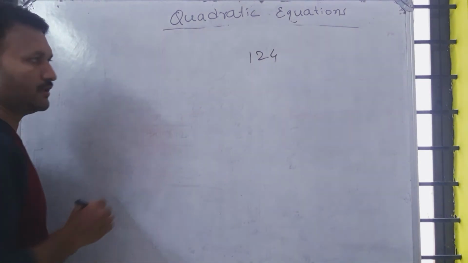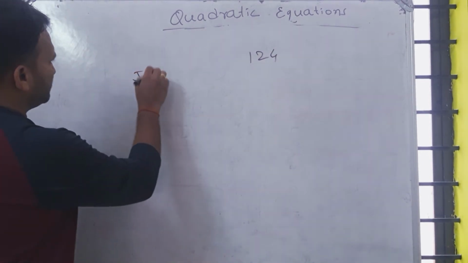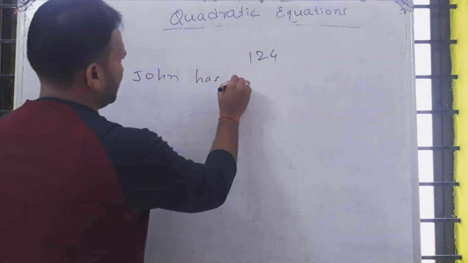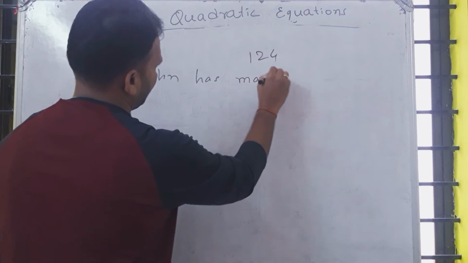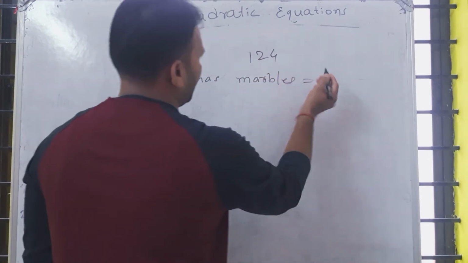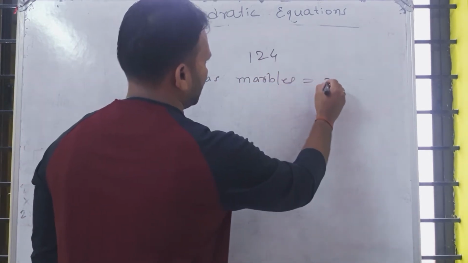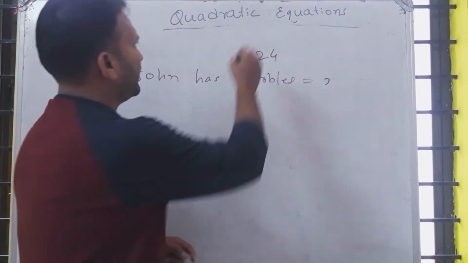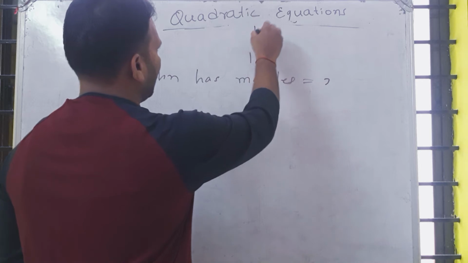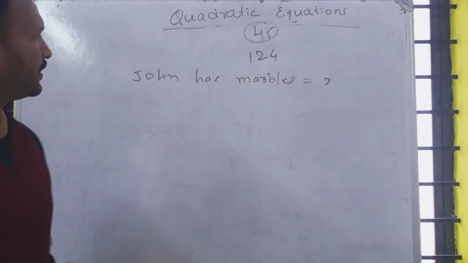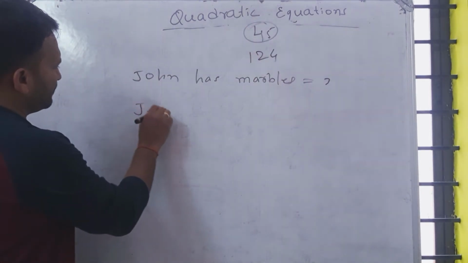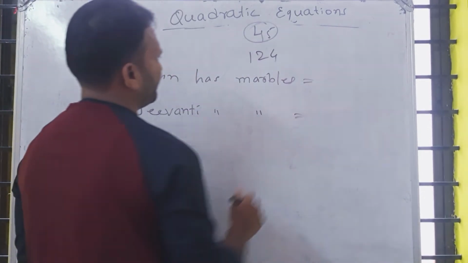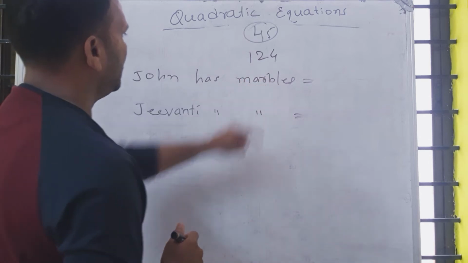Let us calculate. First, John has marbles. How many? We don't know. Let us take all together.